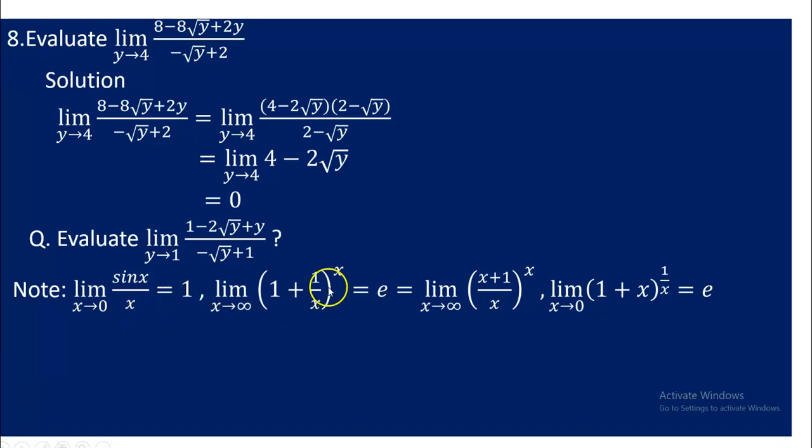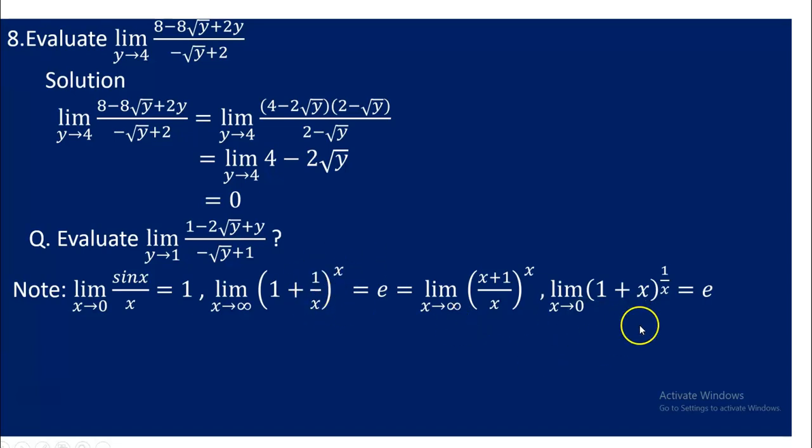Here, the limit of (1 plus 1 over x) to the power of x as x goes to infinity is e. You students must know it, okay? When you simplify the expression inside the bracket, you have (x plus 1 over x) to the power of x. And again, we can also use the limit of (1 plus x) to the power of 1 over x as x approaches 0. Basically, dear students, these two are identical.